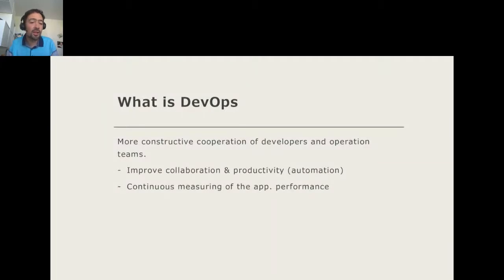To start with the topic, I think it's really important to repeat what the DevOps approach is, because we will talk about the Microsoft DevOps environment. So DevOps, in a really simple principle, is more constructive cooperation of developers and operations teams.